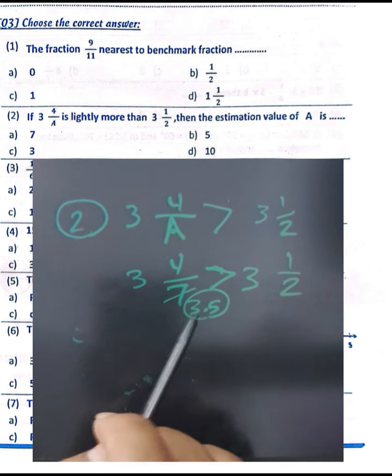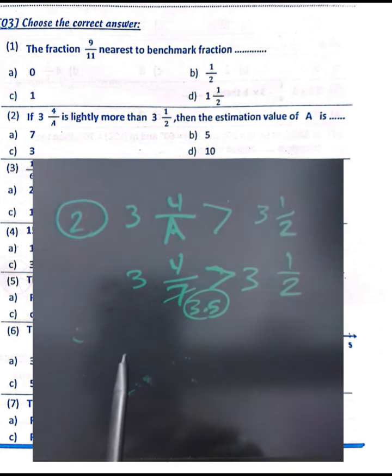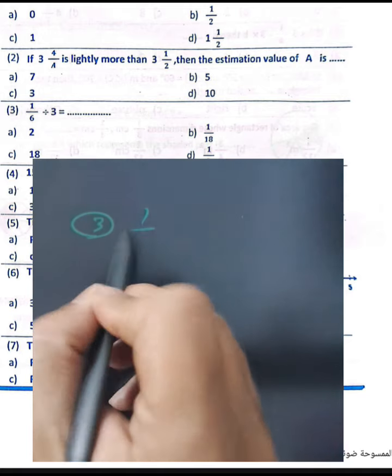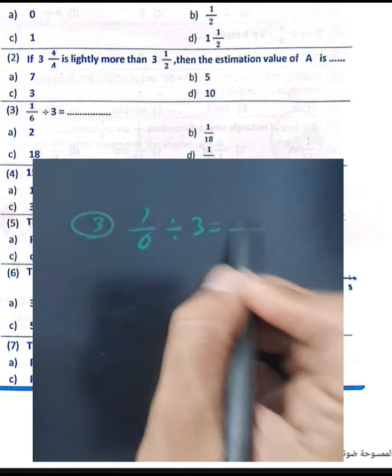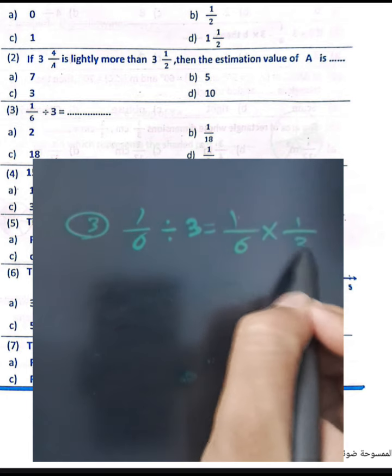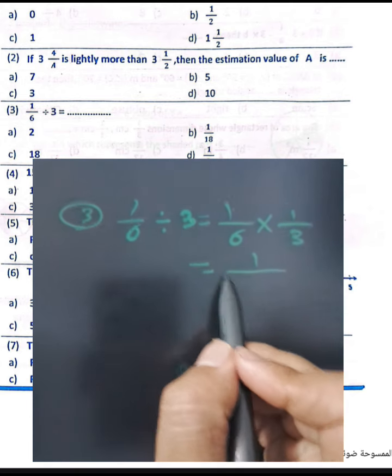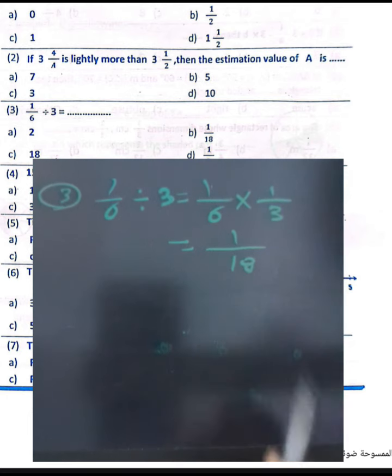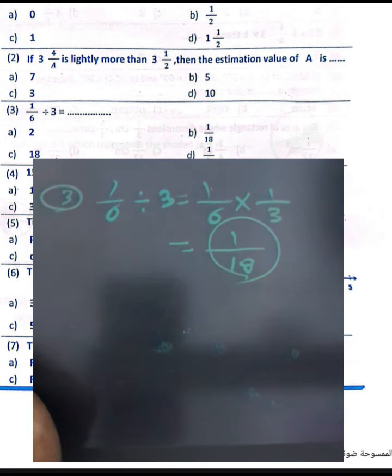And 4 is greater, so it's slightly more than by a small amount. Question number 3. 1 over 6 divided by 3, we can convert from division to multiplication, the reciprocal of 3 is 1 over 3. 1 times 1 equals 1, and 3 times 6 equals 18, so the result will be 1 over 18.